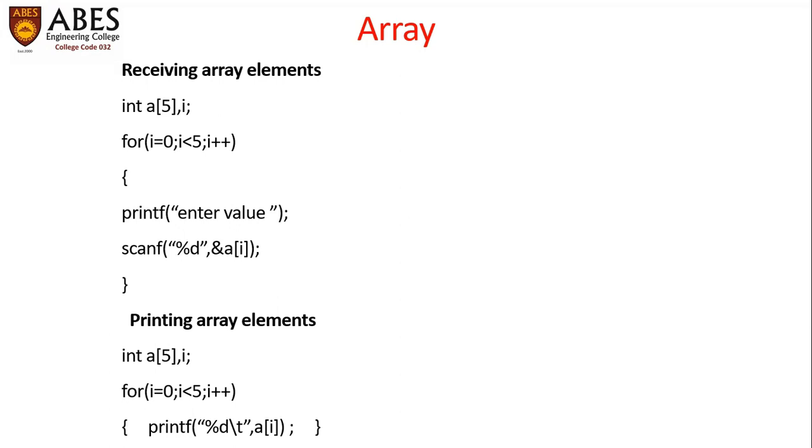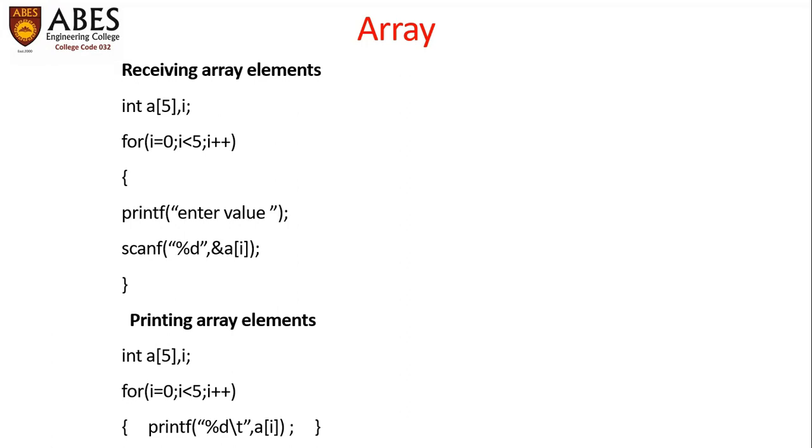Here the message "enter value" will be printed. The first value is going to be stored at the first location. So here i will be 0, and the first value is stored at the address of a[0].